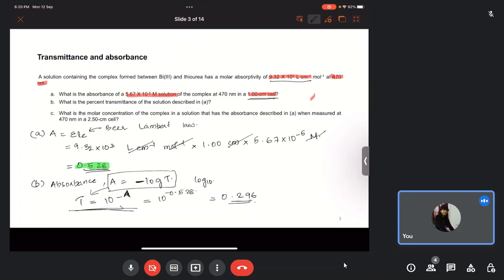So percentage transmittance is equal to transmittance into 100. So this is equal to 29.6%.